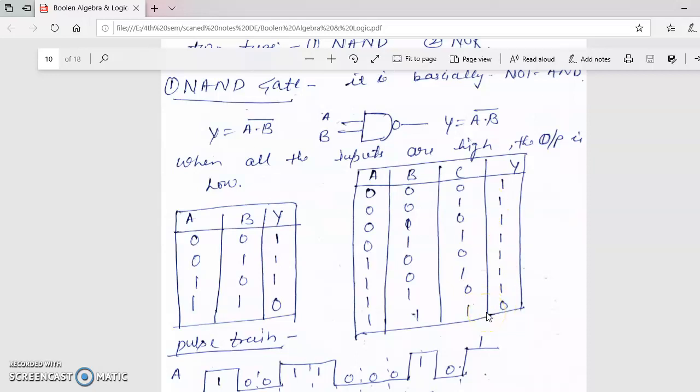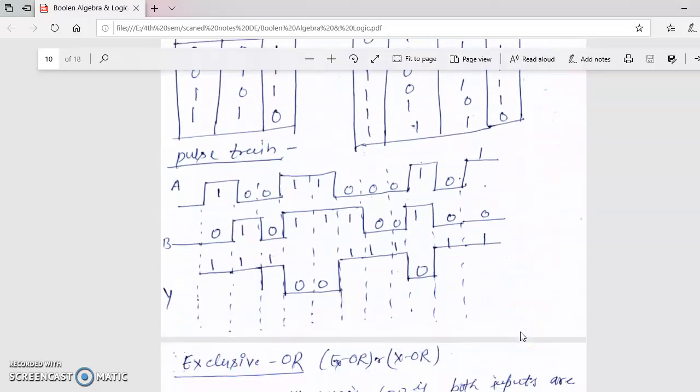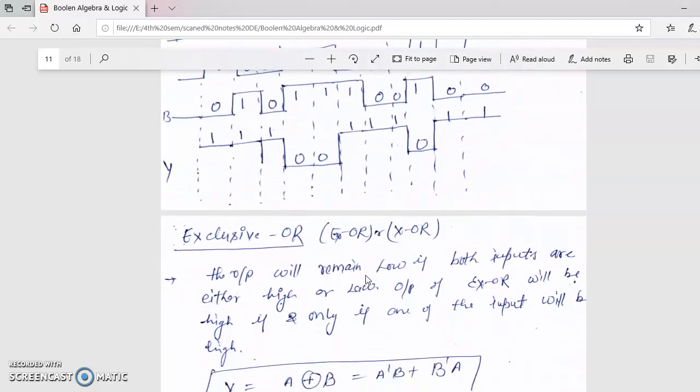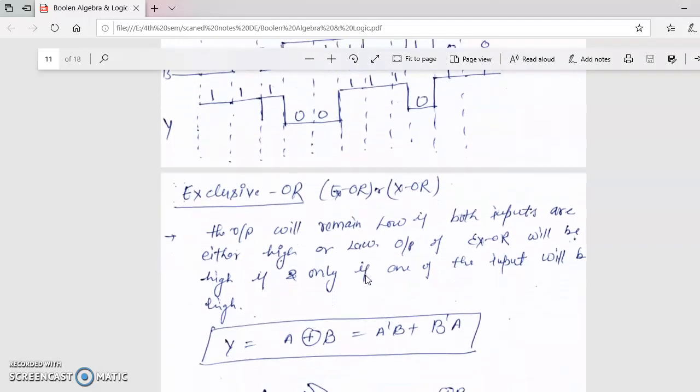I hope it is very clear from this equation. Okay students, next we can draw the pulse timing diagram for the NAND gate. Similarly, a NAND gate can be applied as a NOT gate. We can say when both the inputs are high we get the output 0, otherwise we always get 1.